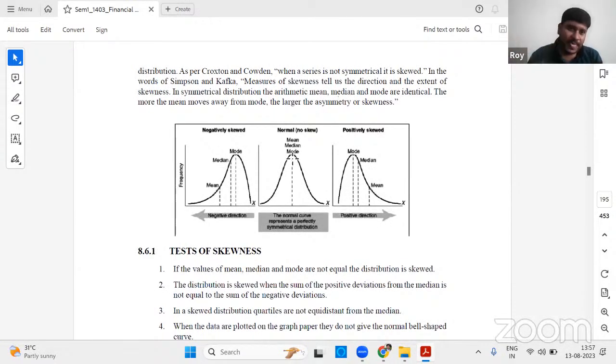It's a perfect data. Now, in negative skewness, see this, if the mean and median values are going away to the left, this is called the negative direction. That means decreasing. This is called the negative skewness. Negatively skewed means in a negative way, equality is missing.